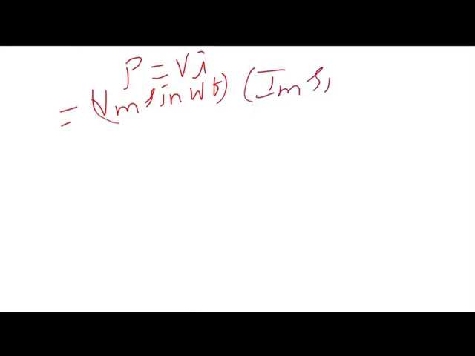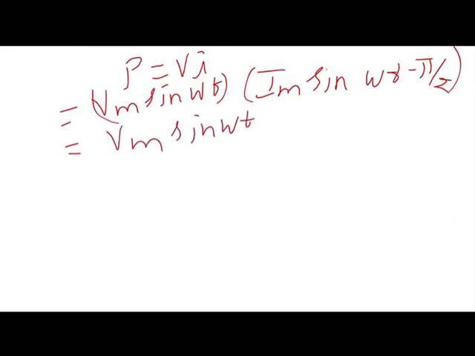If you multiply both, it will give you Vm sin omega t, and sin(omega t minus pi by 2) can be written as minus cos omega t. That's why we can write this as minus Im cos omega t. If you simplify further, this will give you minus Vm Im sin omega t cos omega t.